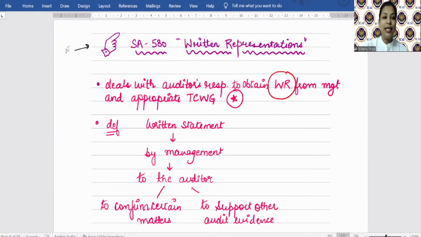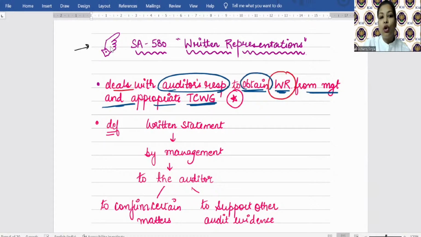So this standard deals with the auditor's responsibility to obtain written representation from management or the appropriate those charged with governance. So we can understand that written representation, who will take it? The auditor will take it, from whom? Management or wherever appropriate, those charged with governance.